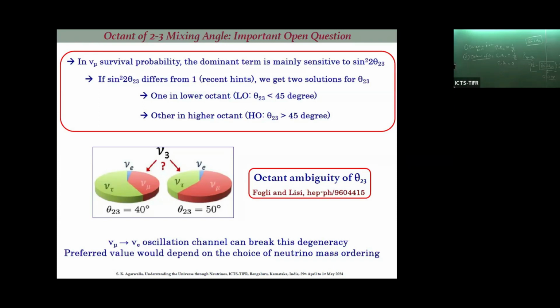Once you fix the octant, say in your parameter space this is delta m square and this is sine square theta 2,3, you get two solutions. One of them is fake, one of them is true. Once you know this is the right solution, the question comes: let me try to measure it more accurately so that I can reduce the allowed parameter space. This is called precision.